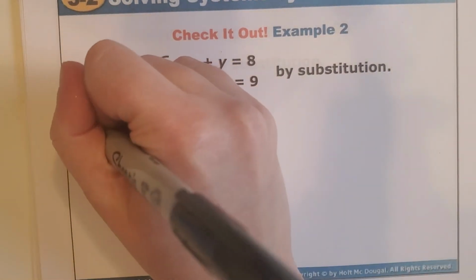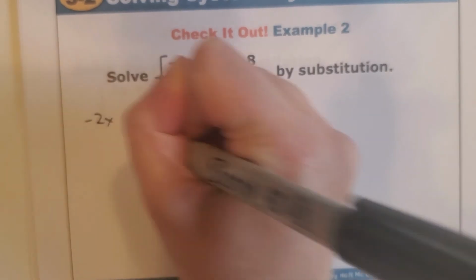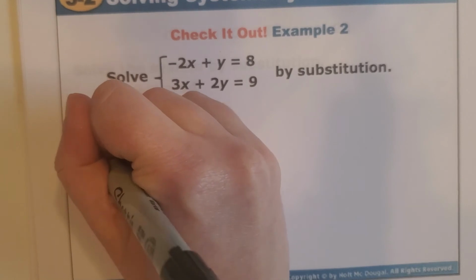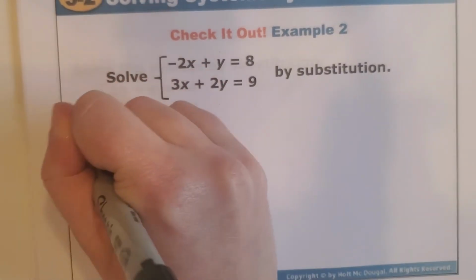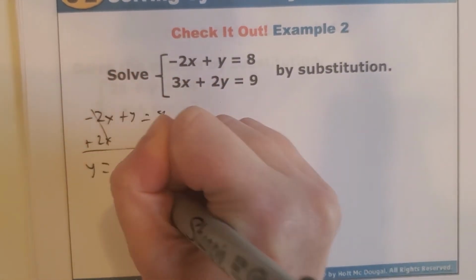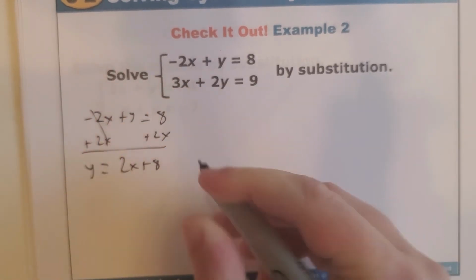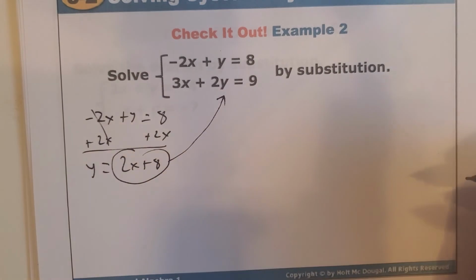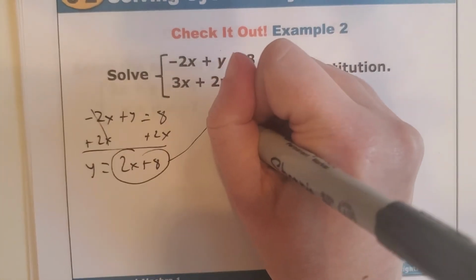All right. So this is negative 2x plus y equals 8. You would add 2x to both sides. So y equals 2x plus 8. This is going to go into the second equation for y.